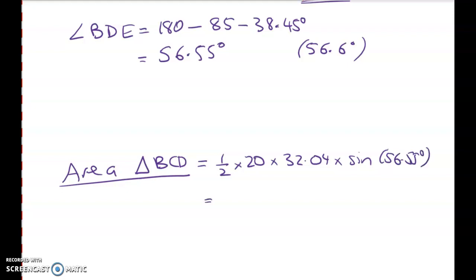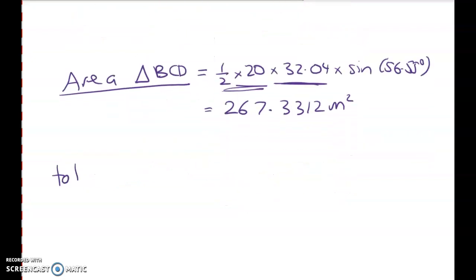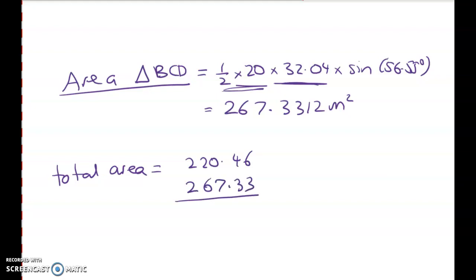And when I worked all of that out, I got, so this is 10, 320.4. We end up with 267.3312 meters squared. So the total area is equal to 220.46. I'm rounding a little bit more now, plus 267.33 meters squared, giving me 487.79 meters squared. So that's the first bit of the task done.